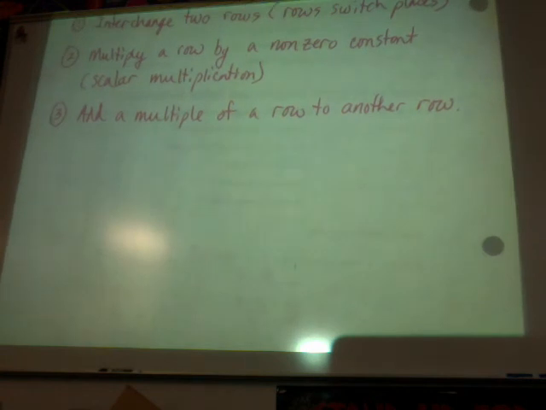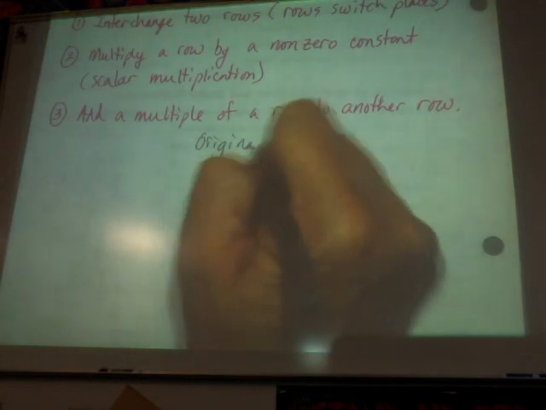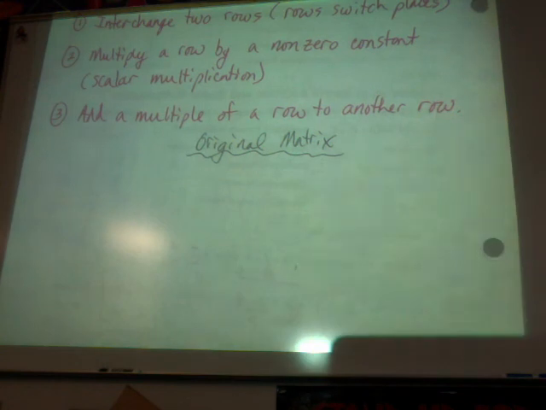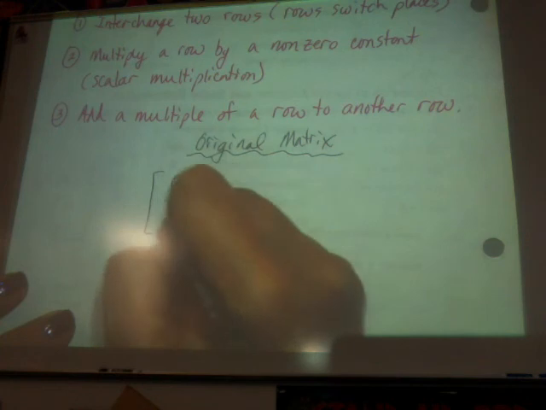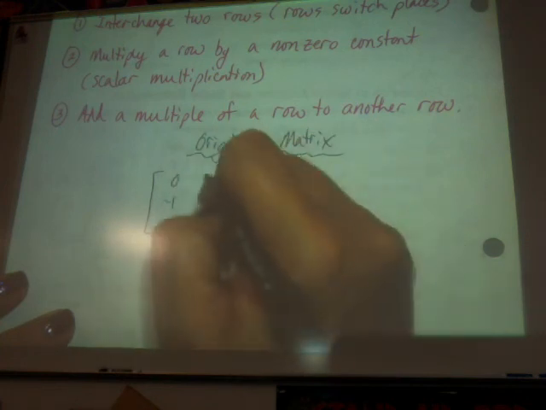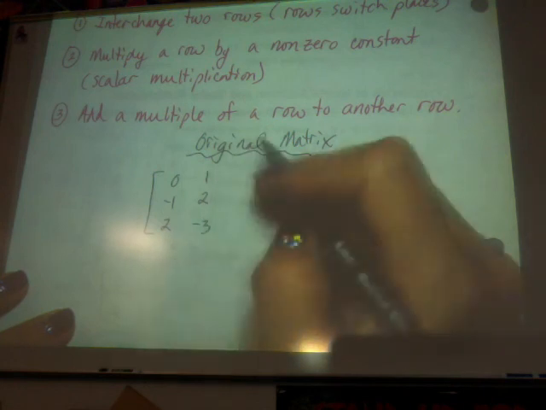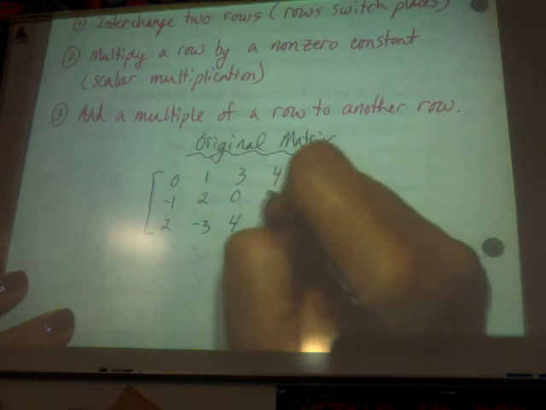So I'm going to put an example of an original matrix. And we're just going to start to think about an identity matrix and how you might start to change. We're just going to change the first column only. So we might start with vertically 0, negative 1, 2, 1, 2, negative 3, 3, 0, 4, 4, 3, 1.